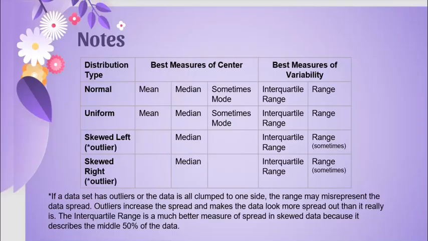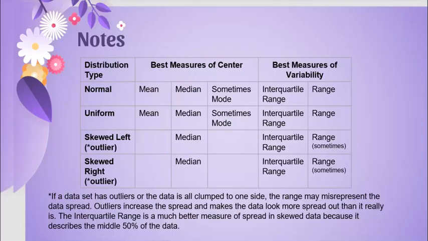Now remember, if the data set has an outlier or everything's clumped on one side, the range would misrepresent the data spread. The outliers increase the spread. It makes the data look more spread out than it really is.